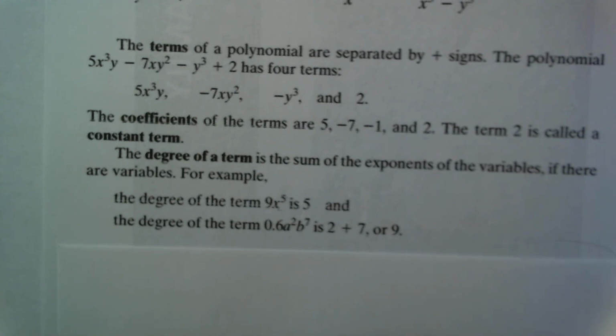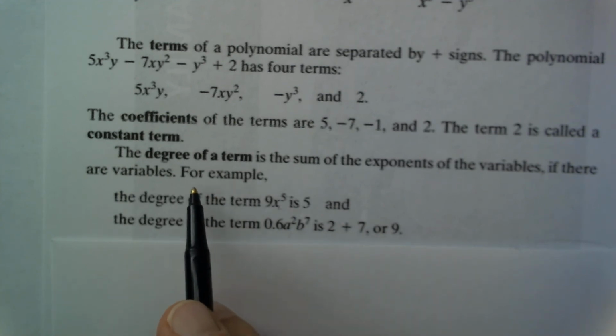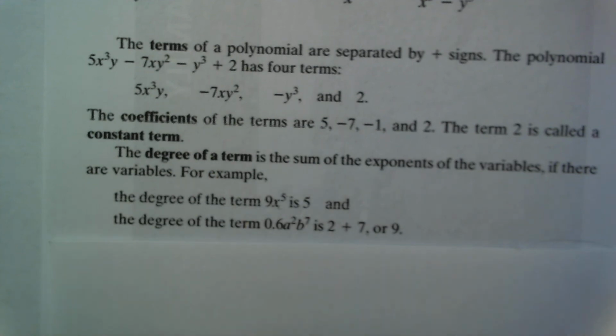Now the degree of the term 0.6 a squared b to the 7, we add the exponents. 2 plus 7 is 9, so the degree of this term is 9. So be sure you remember what the degree of a term means.